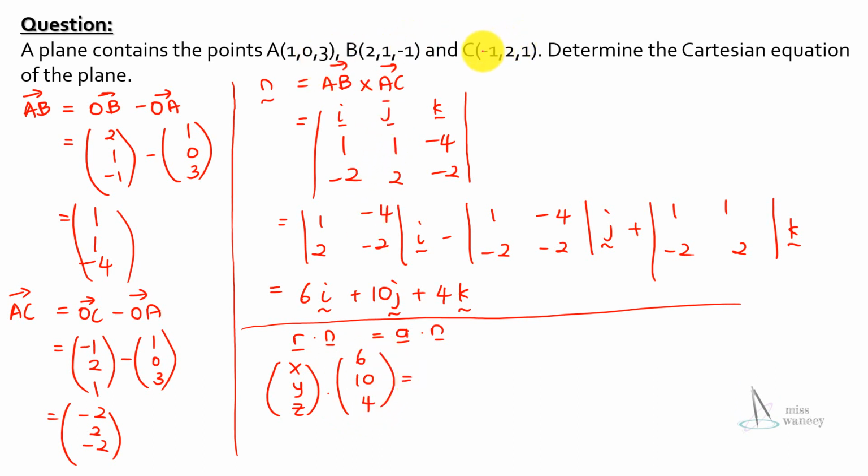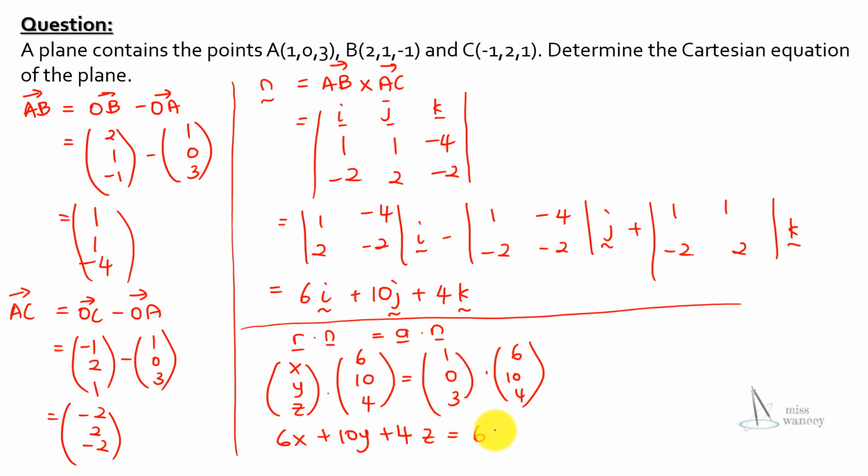I can choose any one of them, but since I'm using AB and AC, let us choose A. So this one is (1, 0, 3) dotted with (6, 10, 4). And then of course you do the dot product, so 6x plus 10y plus 4z equals 6 plus 12, which is equal to 18.